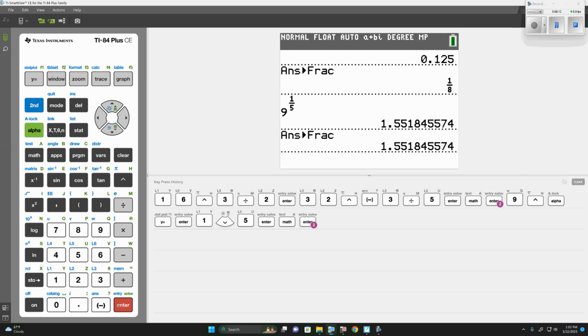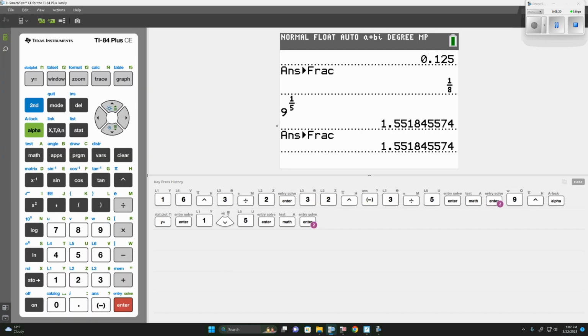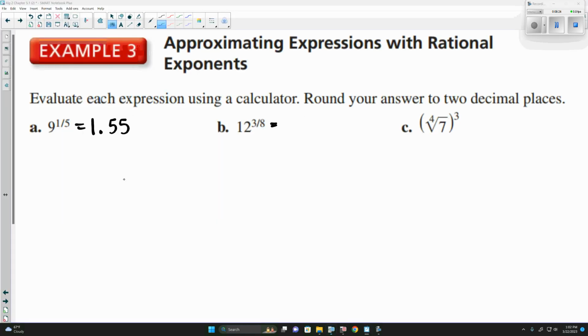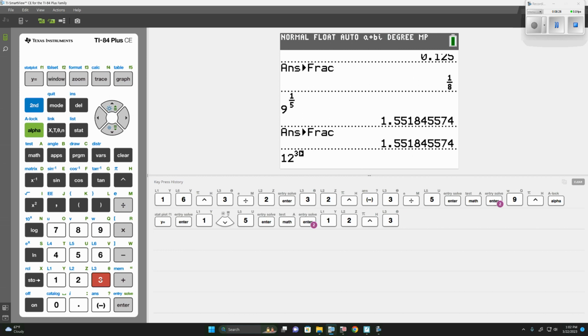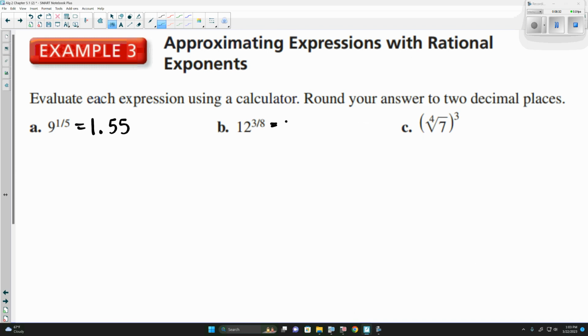If we can actually get it back to a fraction. 12 to the 3/8 is 2.54.